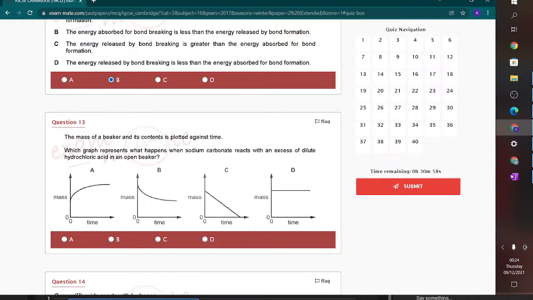The rate of reaction always decreases, and the mass of the beaker, okay, it will not go to zero because we have excess dilute hydrochloric acid, so there must be some mass in the beaker. Okay, the answer must be B because the mass must decrease. Therefore, A cannot be the right one. D is constant and it cannot be the right one. And C literally goes to the bottom, which sounds dumb. So yeah, B.